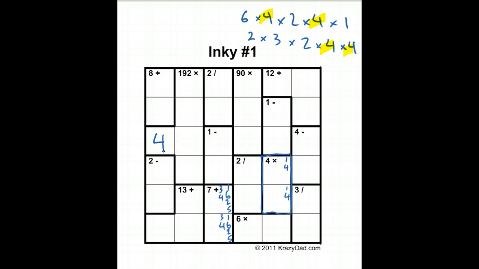So I already have a solution here for one of the numbers. In other words, I can't have a 4 here and a 4 here, because that would violate our rule again. So let's go ahead and erase those. However, I still don't know what the combination is for the other 4s. The only thing I know for sure is that a 4 can't go here.